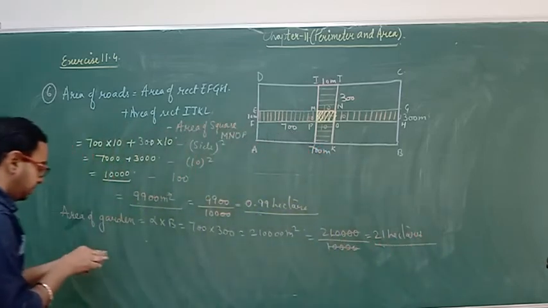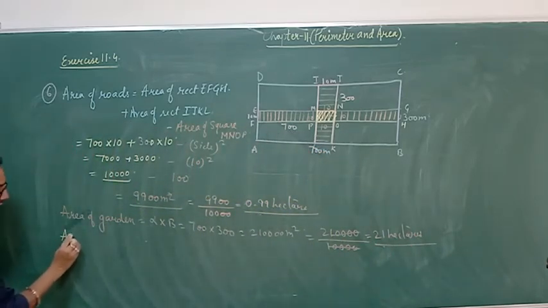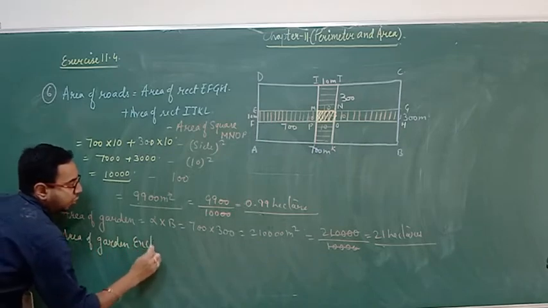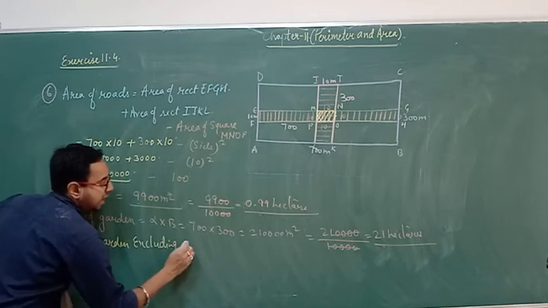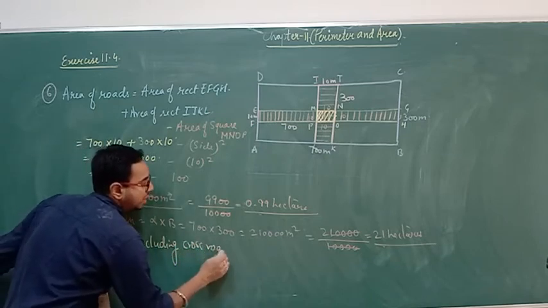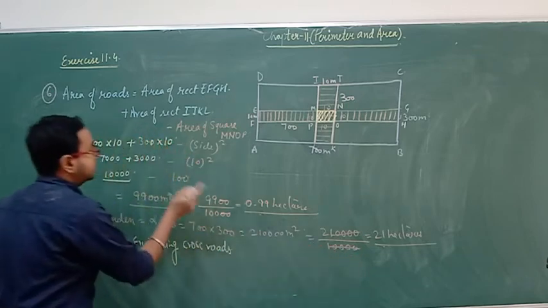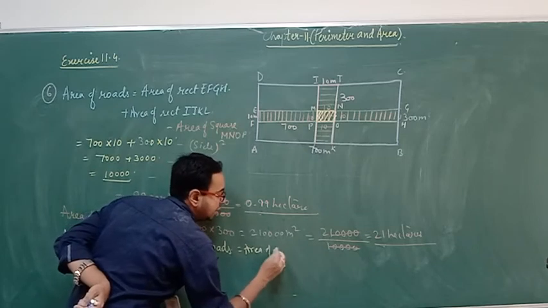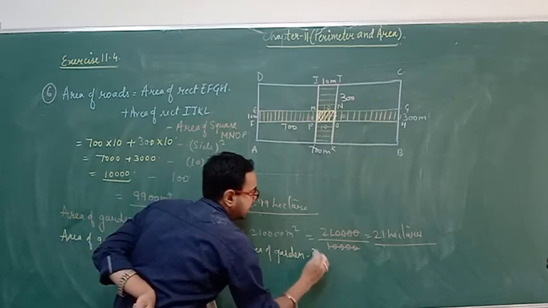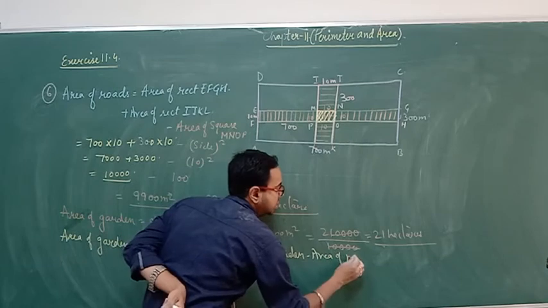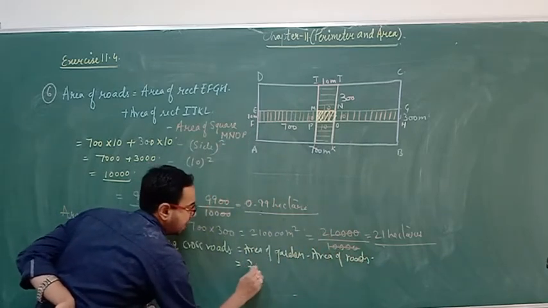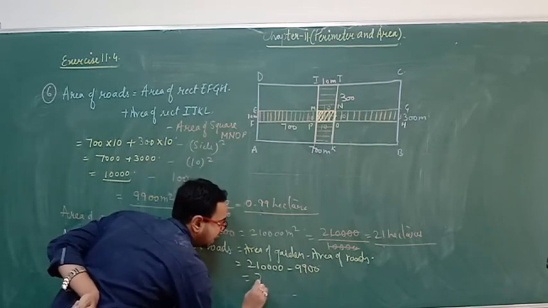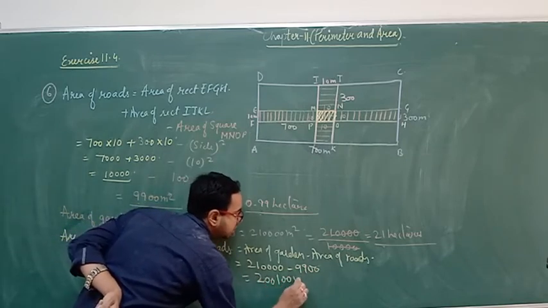So area of garden excluding roads, excluding means not included, excluding crossroads. So what we'll do, from this we'll subtract this. So area of garden minus area of roads is what we'll be getting. We'll be getting 2 lakh 10 thousand 100 meters square area.